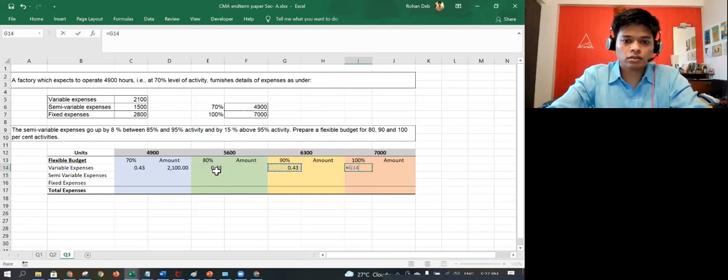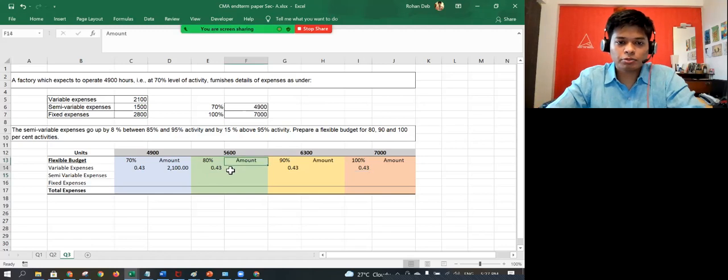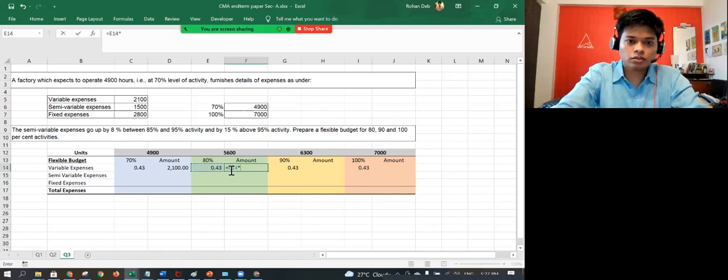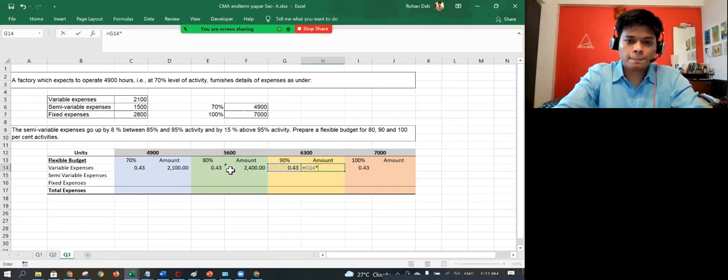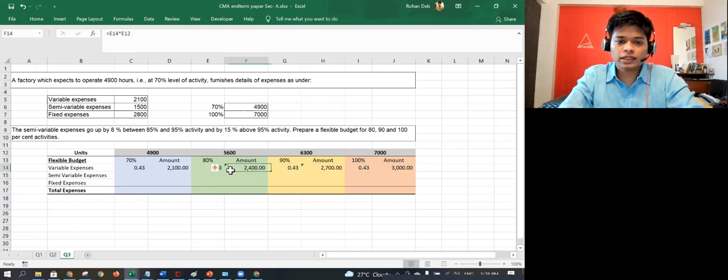So now you directly multiply this with the units that you produce, and that's how you get the variable expense. I hope this part is clear. Variable expenses increase as the number of units increases, so you can see that variable cost is increasing.